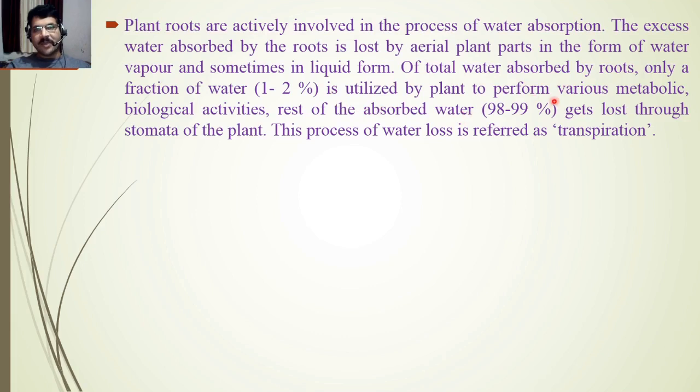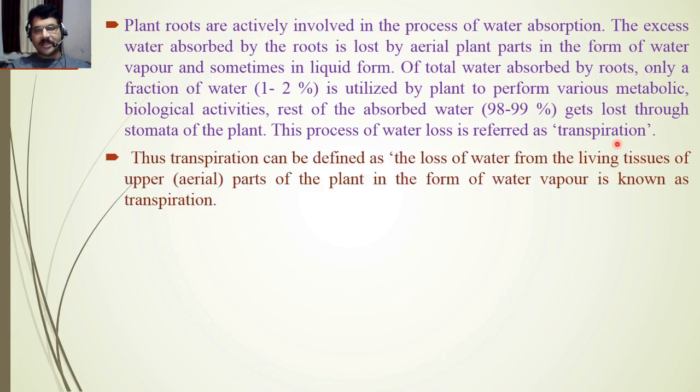The rest, 98 to 99% of water, is thrown out by the plant through the aerial parts of the plant, and mostly by stomata, into the environment. So this process of throwing out excess water is known as transpiration.